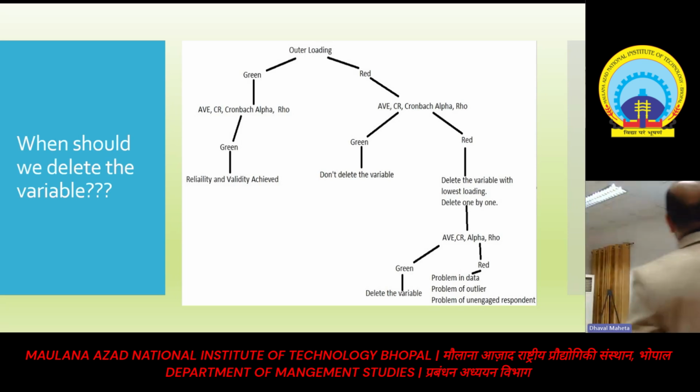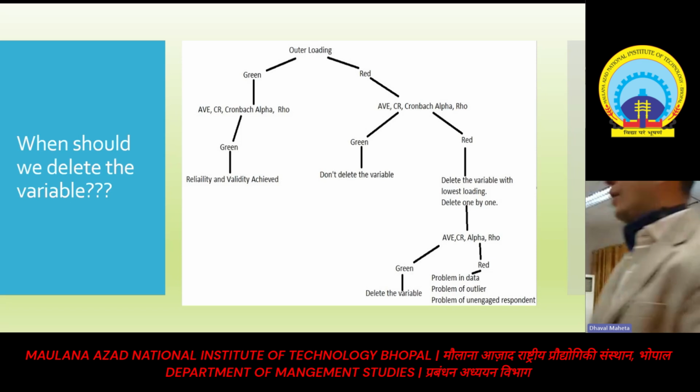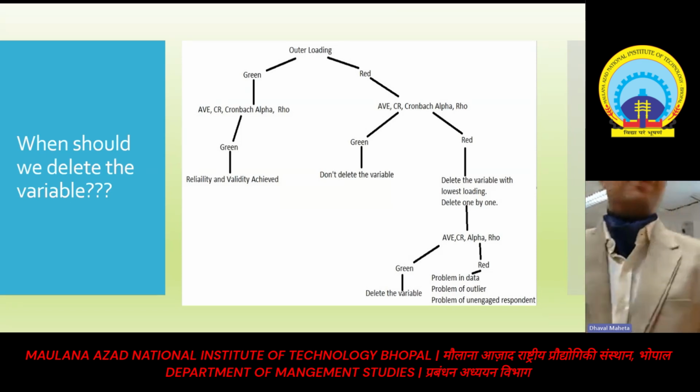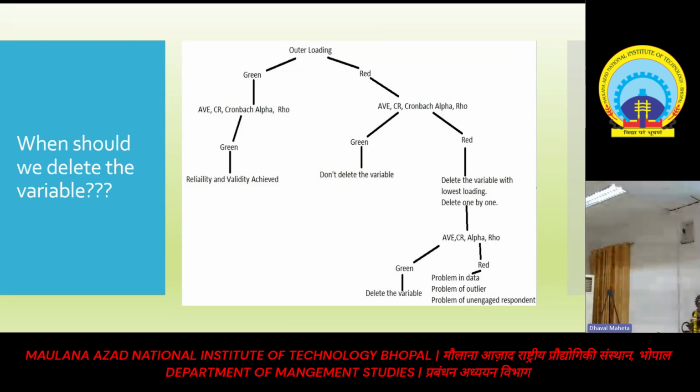Outer loading red. AVE, CR, Cronbach alpha, everything is green. This side, overall scoreboard. Boys played well. Green. No change. Okay. Now you have hurt many people in your life. They will all come together to spoil your model. So outer loading red, AVE, CR, Cronbach alpha red.